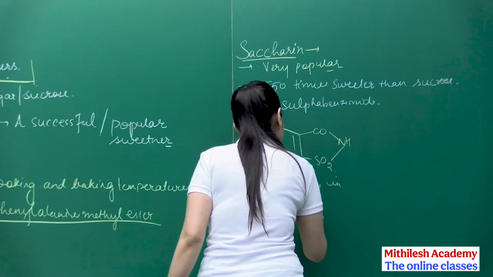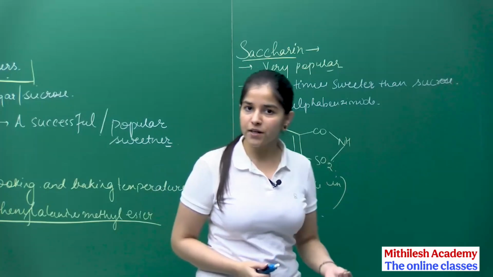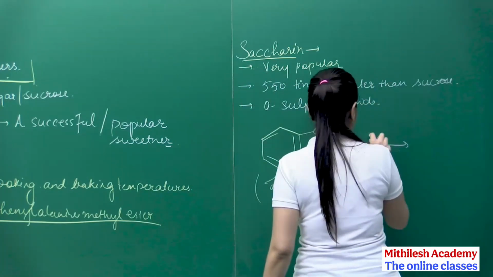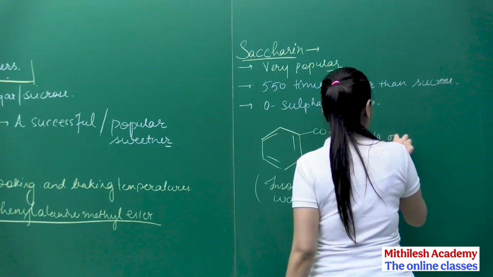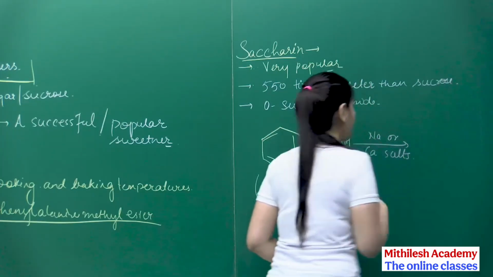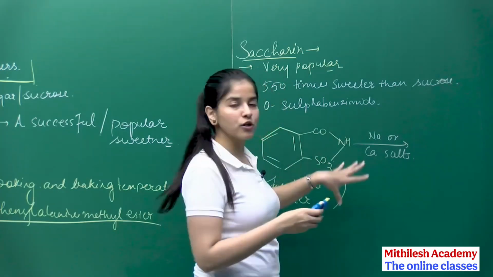So I had asked you what kind of a salt will that be. Those are nothing but the sodium and the calcium salts. So these are Na or Ca salts, which are soluble in water.